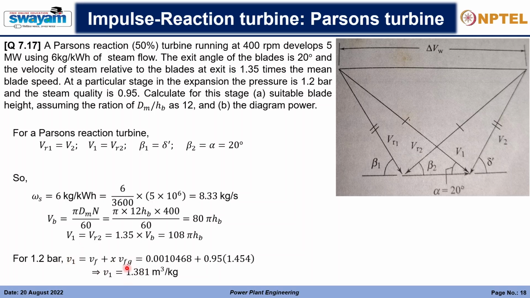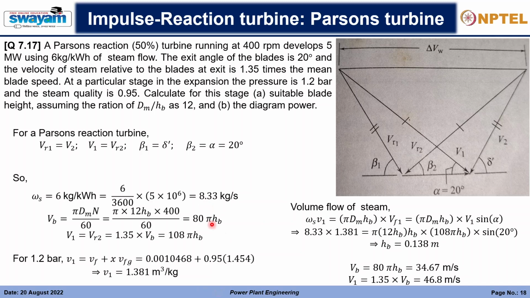The specific volume is 1.381 meter cube per kg. Why do we calculate the specific volume? Since we need the answers in the diameter and the height, in length scale, we need to consider the volume, not the volume rate or volume per kg. So that is why we need the specific volume.